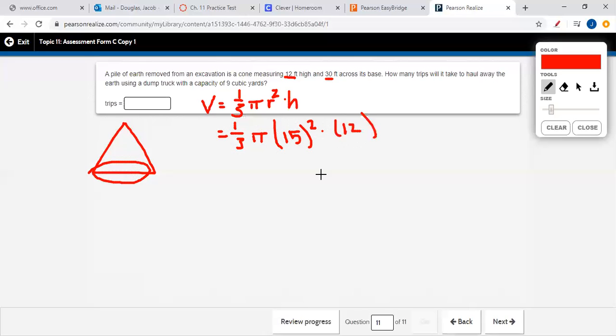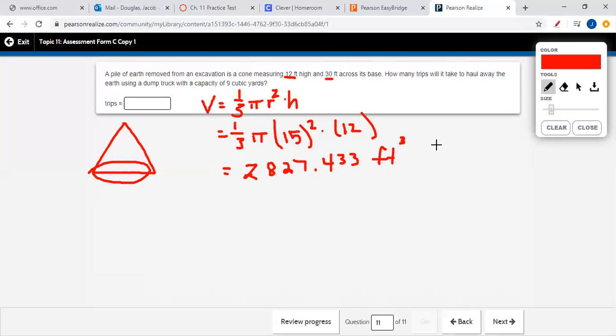Now if you put this into your calculator, 1/3 times pi times 15 squared times 12, you're going to get 2827.433. So that is cubic feet of dirt or earth that they're excavating.